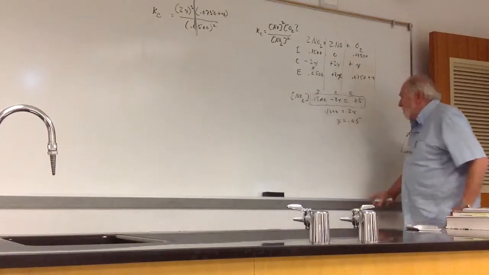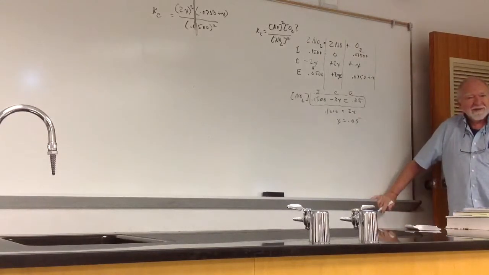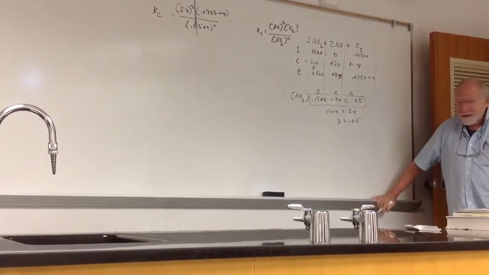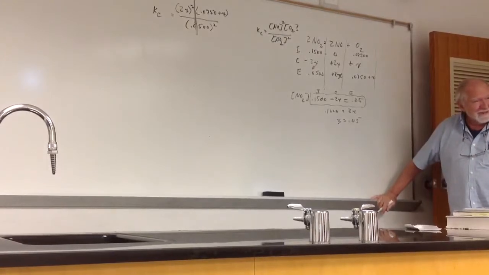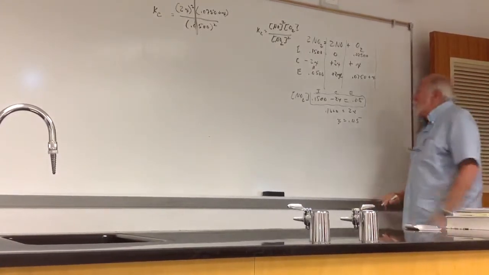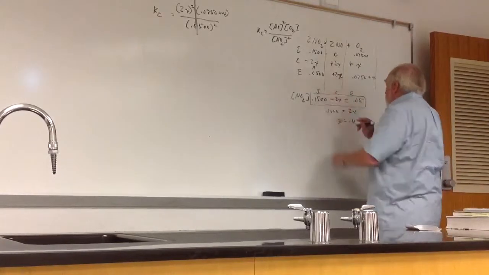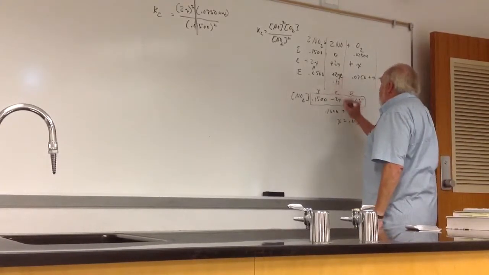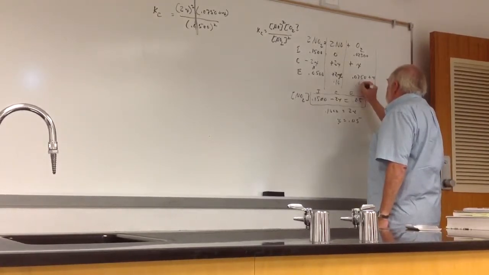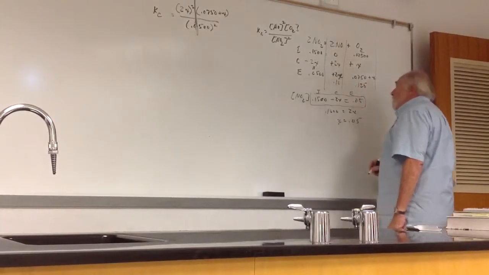X is 0.05. We just have to say x is 0.05 because you can look at that and say that, right? If not, expand it out and calculate it. You don't want to mess up there. So once you know what x is, you could go right here and say 2x is 0.10. 0.075 plus x is what? 0.125.